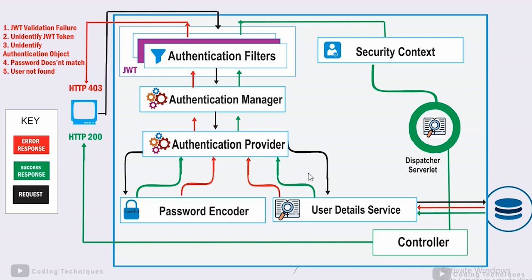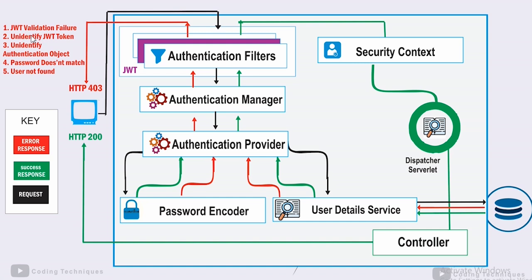Now let's follow the red line. First, from the filter we may have an arrow which is a JWT validation failure. And when we pass here to the authentication manager, we may have an unidentified authentication object, which means the authentication manager does not understand the object provided by the authentication provider, so it will not accept it, and the arrow will return HTTP 403.